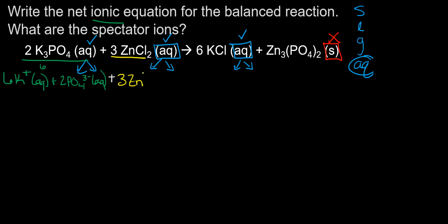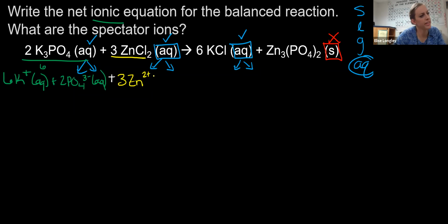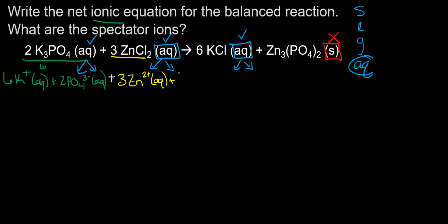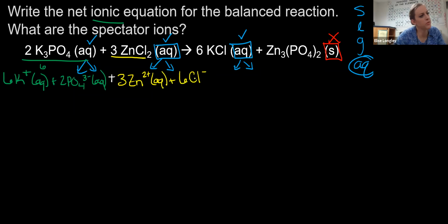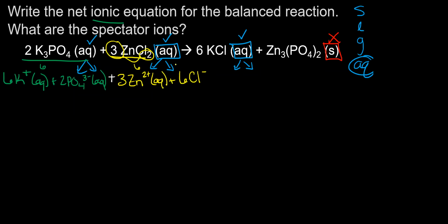And then it would be a 2 plus charge. Okay, and what phase? Aqueous. Okay, plus what else? Then it would be Cl 1 minus as a charge. What phase would those 6 Cl 1 minuses be? Because 3 times 2? It would be aqueous. Lovely.